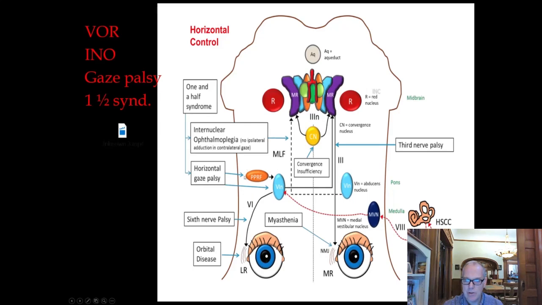I told you that if you have a stroke here in the pons and you affect PPRF6, we can have eye deviation in that situation. So to imagine what will happen if we destroy the right PPRF6, just ask yourself, what does this do normally? Normally, we said it drives the eyes to the right.